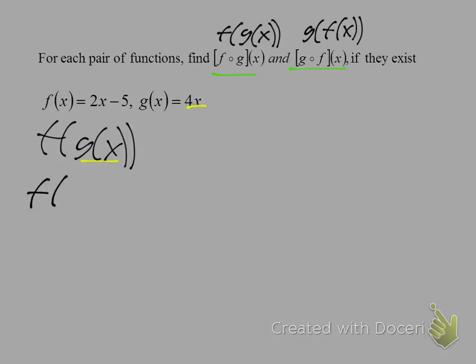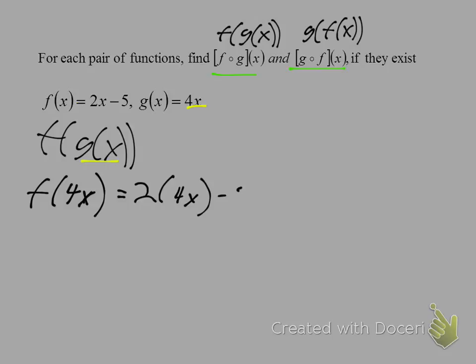So f of 4x, which now looks like a question I asked you last chapter. See that? So now you take 4x and you plug it into the function of x, replacing x with 4x. That's where this gets a little challenging.